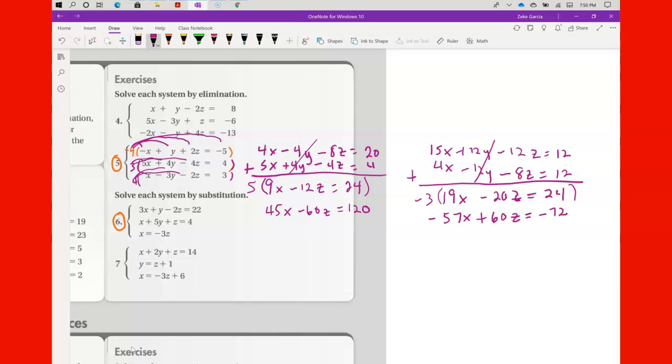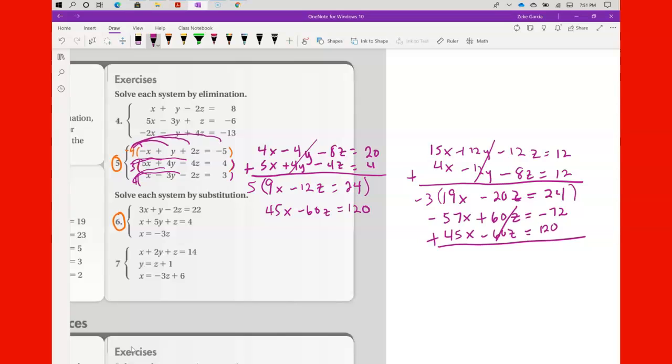Now I'm going to combine the negative 57x plus 60z equals negative 72 with 45x minus 60z equals 120. We notice that the z's cancel.